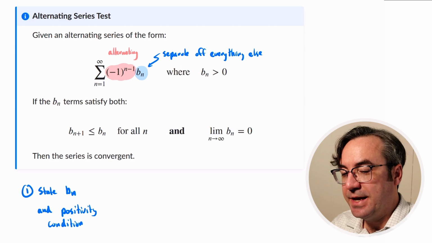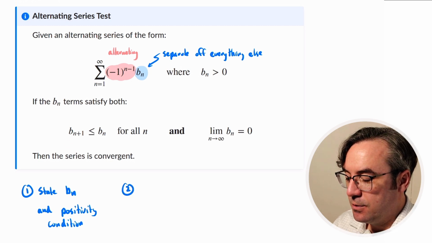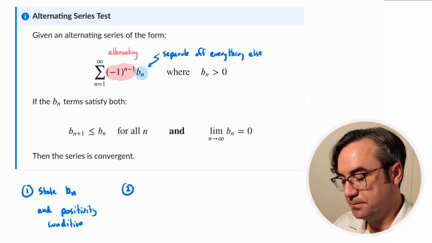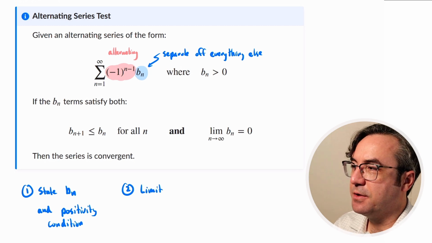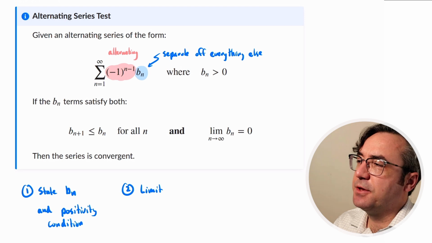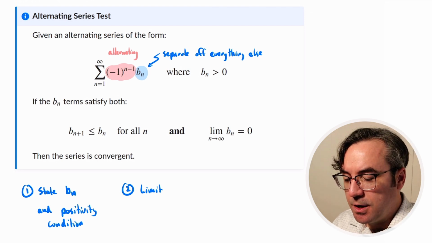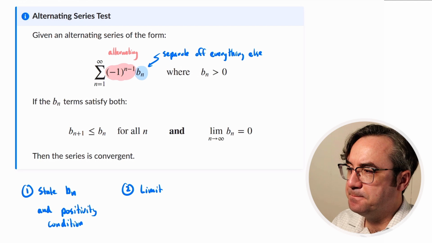The second thing we'll do is we're going to actually calculate the limit first. Usually it's a little easier to calculate the limit. And sometimes this test goes wrong, and it goes wrong because this limit doesn't equal 0. And we'll get to that.